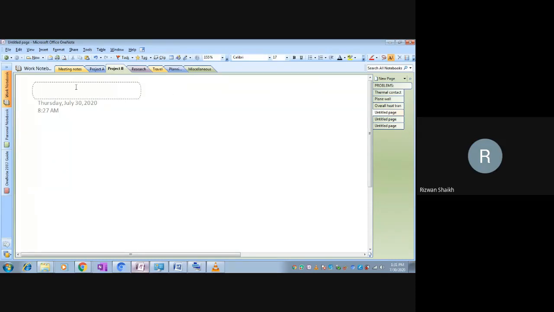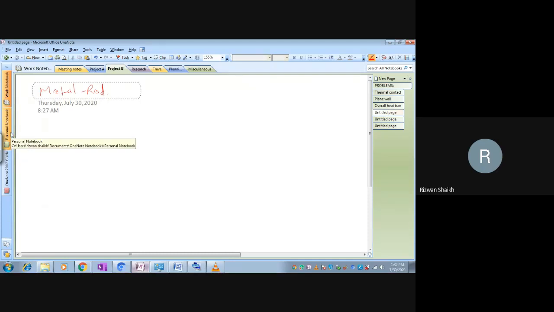So we are into the metal rod. So if I write it metal rod, we'll be doing the calculation of a metal rod. We have to calculate the thermal conductivity of a metal rod. So how can we calculate?